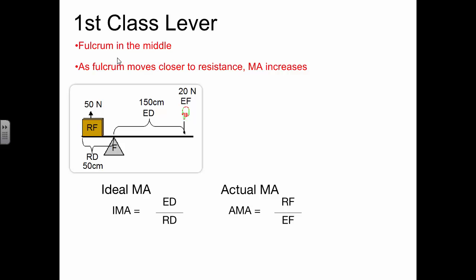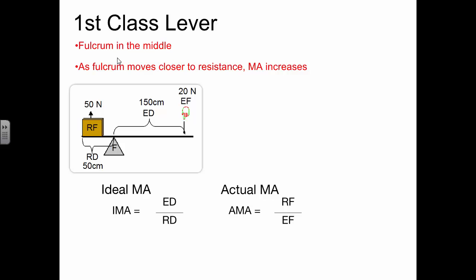Kind of makes common sense. The resistance distance is the distance from the fulcrum to the resistance. For actual mechanical advantage, we just use the forces. The resistance force is the weight of the object. The effort force is the force we need to use the machine.